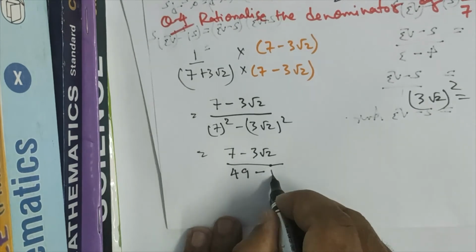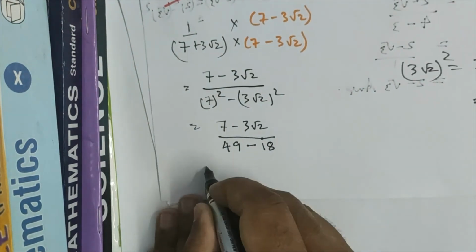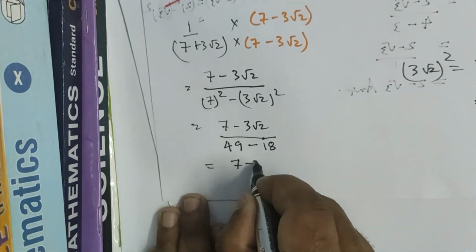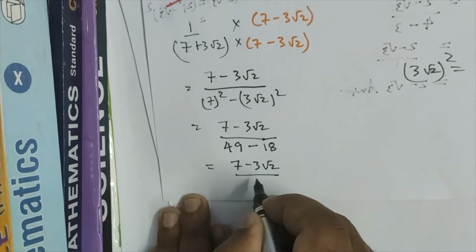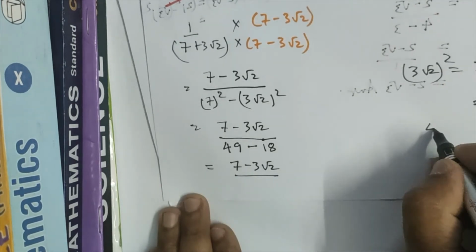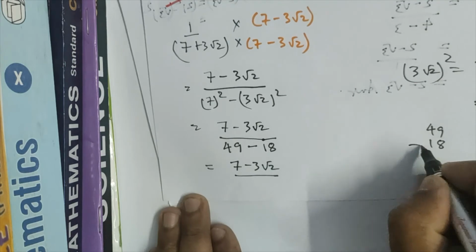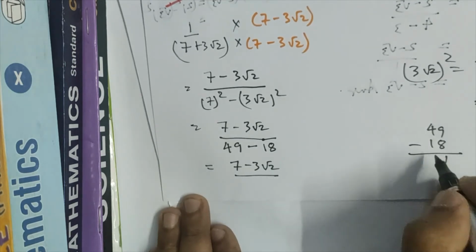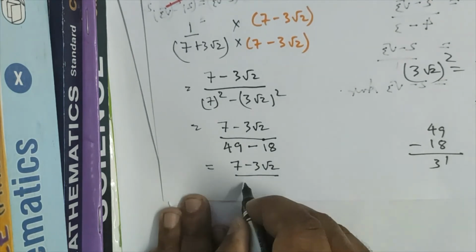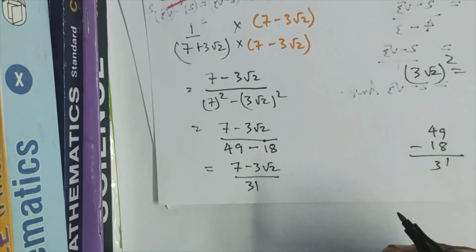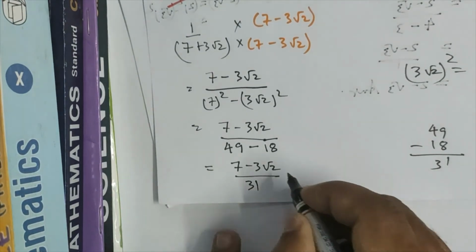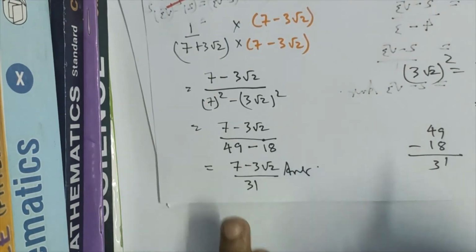So 49 minus 18, that is equal to 7 minus 3 root 2 upon 49 minus 18, that is 31. That will be the answer.